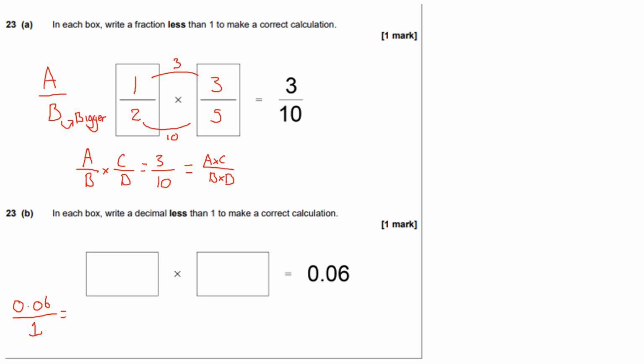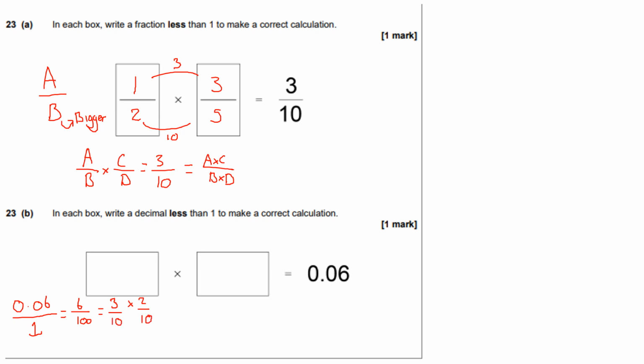And then let's make that so we've got some whole numbers. So that'll be 6 divided by 100. So what two numbers can multiply to get 6 and what two numbers can multiply to get 100? Well, 3 and 2 look pretty good, but you can pick some others. And to get 100, we could do 50 times 2, or we could do 10 and 10.